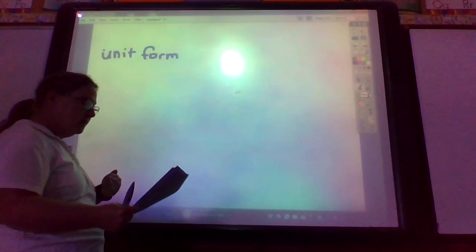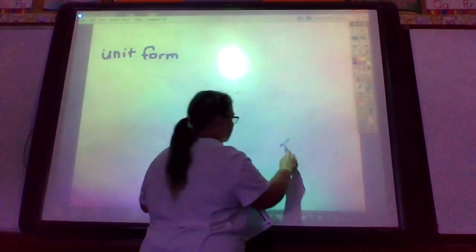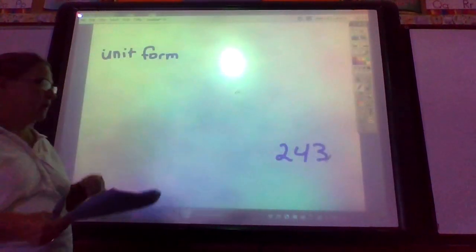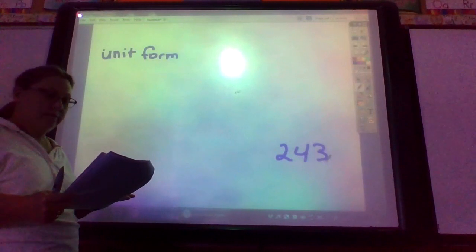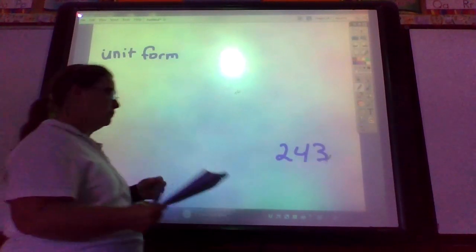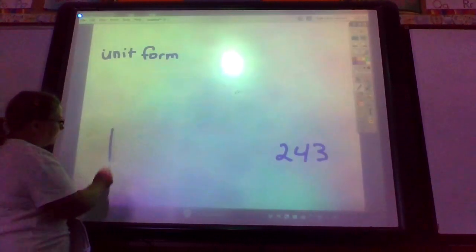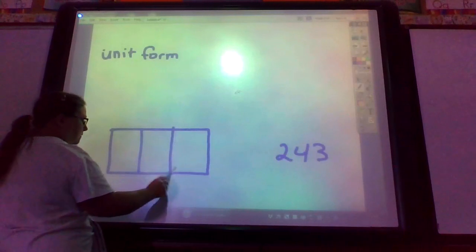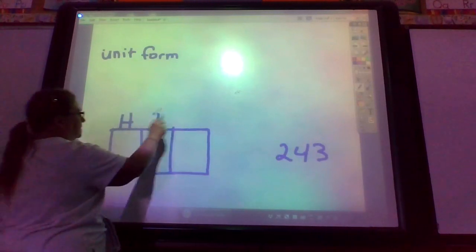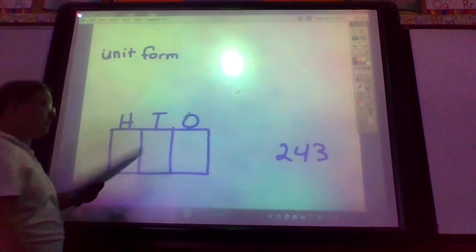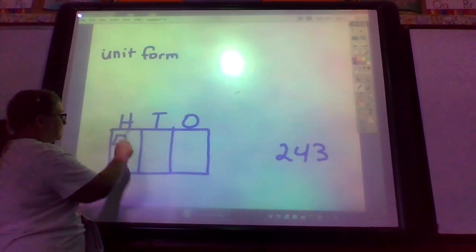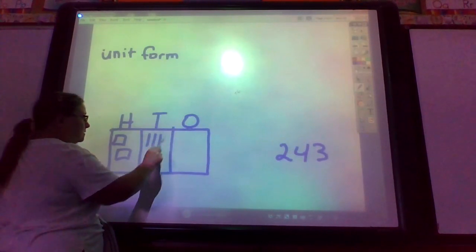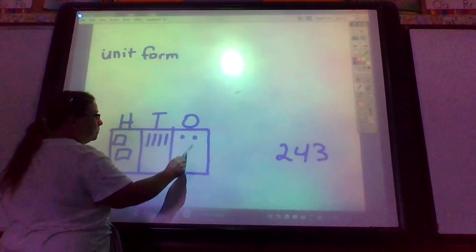So let's say that I have this number, 243, okay? If I had a place value box that was hundreds, tens, and ones, and I drew my pictures, I would have 2 hundreds, 4 tens, and 3 ones.